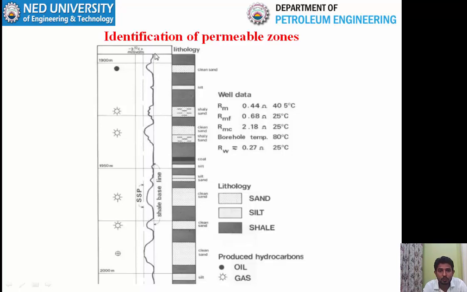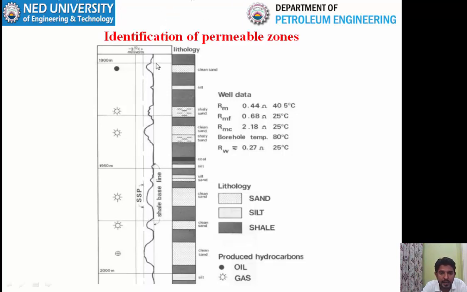The shale baseline is against the shale zones. So SP responses against the shale zones first need to be identified, and obviously we can take help of other logs for drawing the shale baseline. So against shale we have the high gamma ray value, and we have the overlapping of the resistivity log. When we have the overlapping of resistivity and the high gamma ray value, these zones are the shale zones, and SP response against those shale zones will act as a baseline.